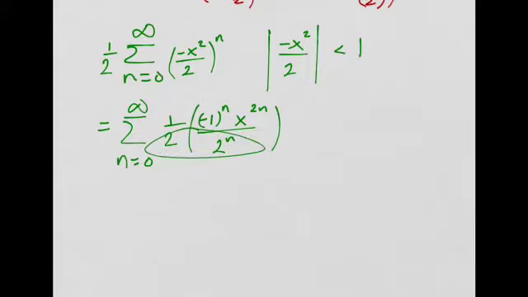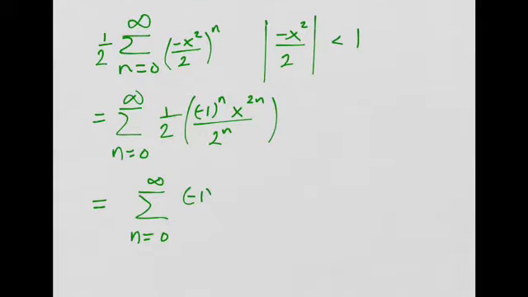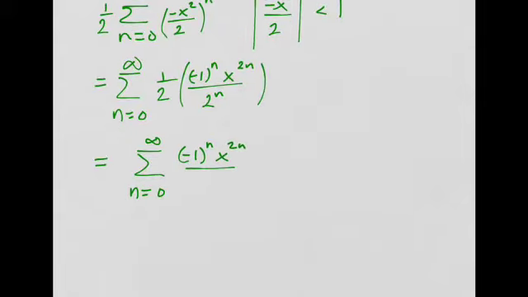But those have the same base, so I can combine those. The sum from n equals 0 to infinity, and I have a -1 to the n times x to the 2n on top, divided by 2 to the n plus 1. Now that looks like a legitimate power series. That's very nice. So, there's my power series.